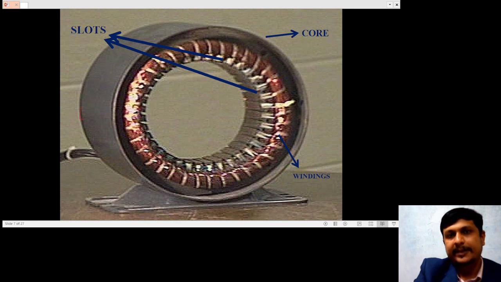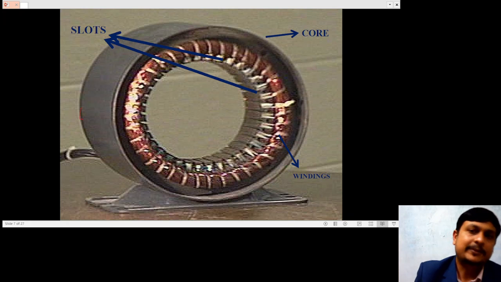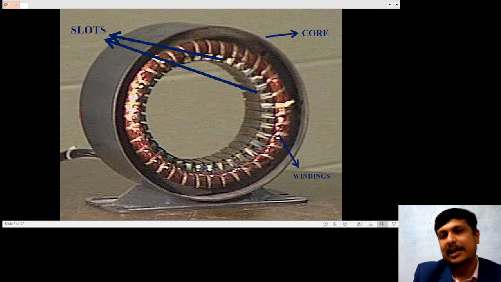It will be better visualized from this diagram. You can see how simple the construction of the stator is.